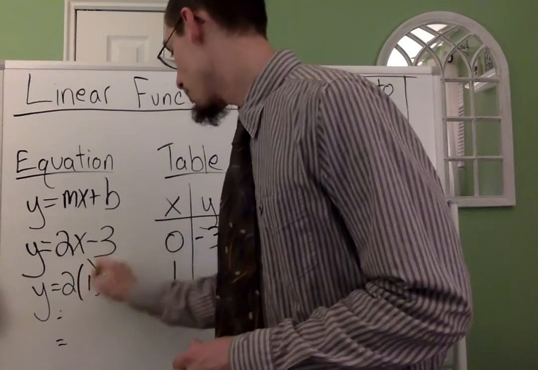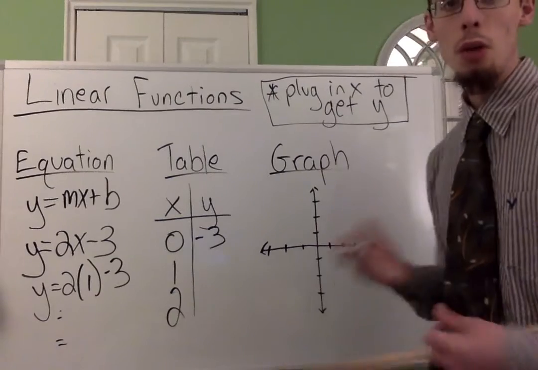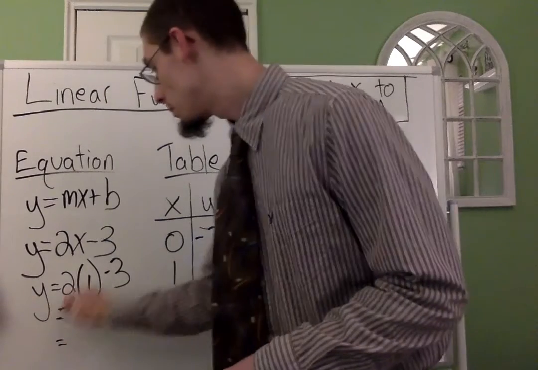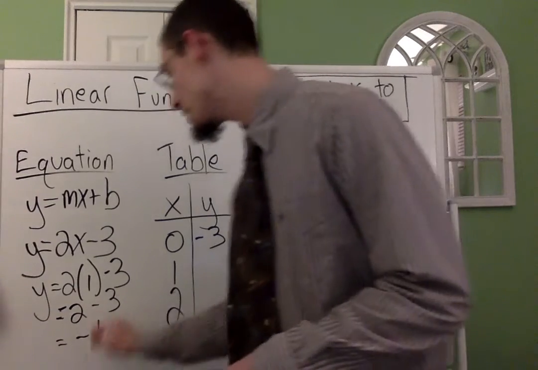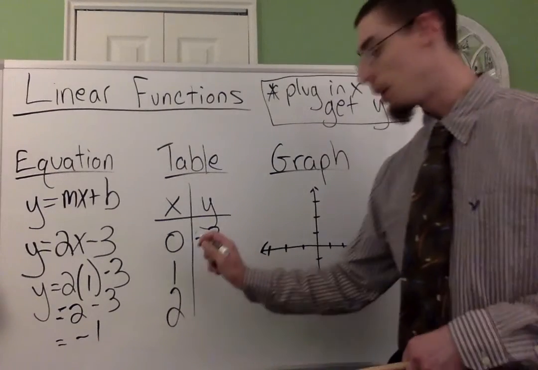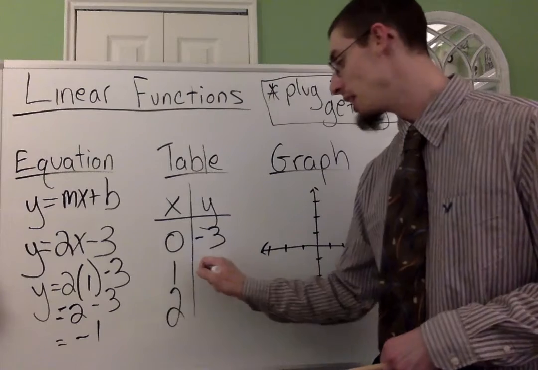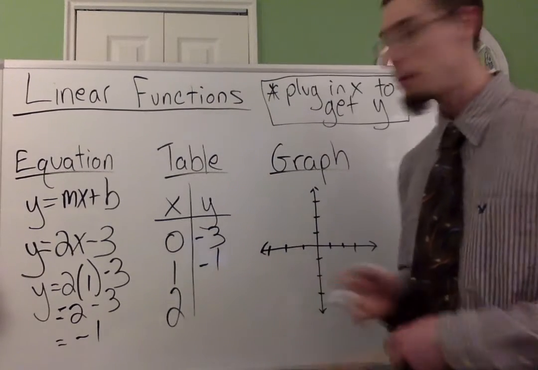So, what do I get when I plug in 1? Well, 2 times 1 is 2 minus 3, and 2 minus 3 is negative 1. So when I plug in positive 1 for x, I get negative 1 for y.